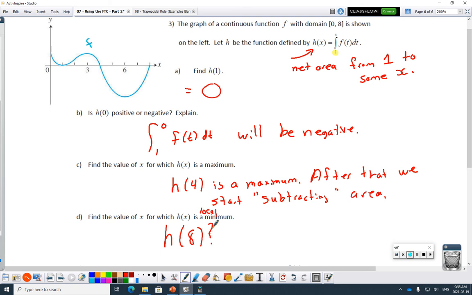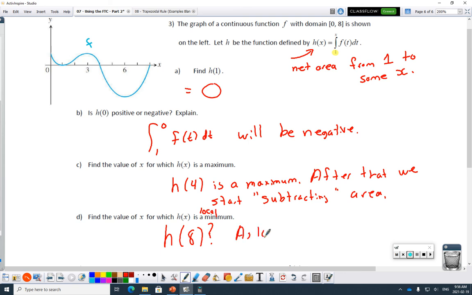And I've thrown the key word in there on purpose. What's the key word in all that makes us think that maybe it's not a local minimum? Veronica? It's decreasing, but it never increases after there. Decrease, decrease. We need to know what happens next. This is actually an endpoint of this whole thing, so we never know if it actually does that turn there.